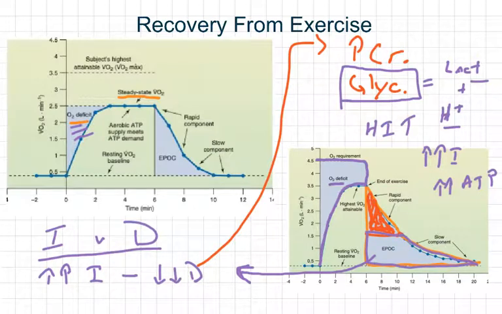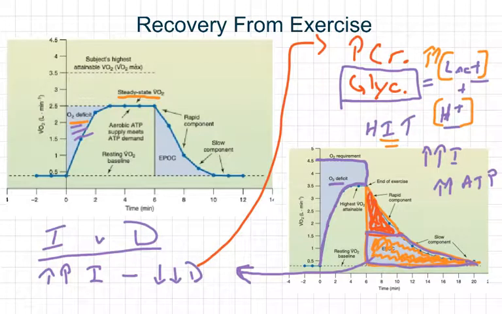And so what we'll see at the end of high intensity exercise is large concentrations of lactate and hydrogen ions being produced. It takes the body much longer to recycle these two byproducts of the glycolytic pathway.